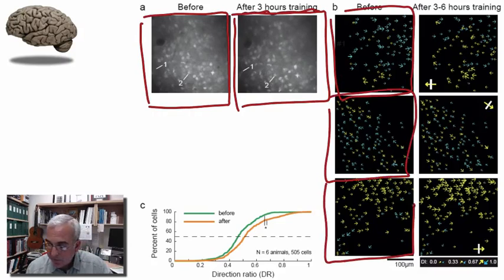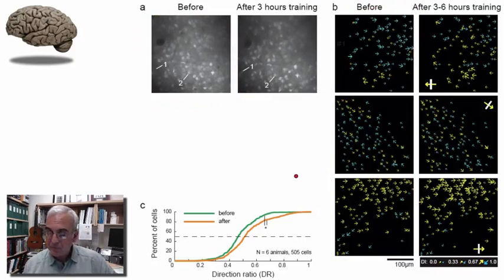So these are 3 different animals here, and what we're looking at is their responses and preferences before training and then after about 3 to 6 hours of training. And what I hope you can appreciate is that in each of these cases, there is an increase in the numbers of neurons that prefer the direction of visual training.